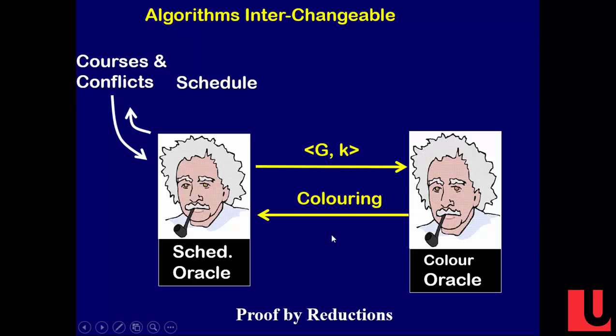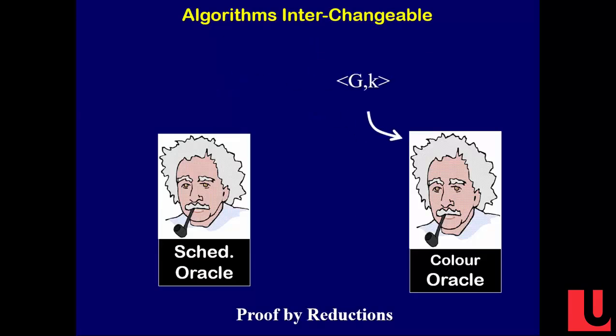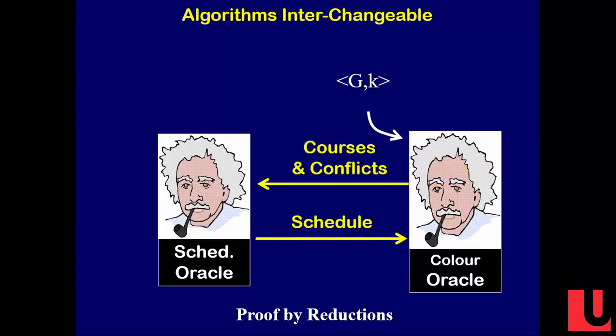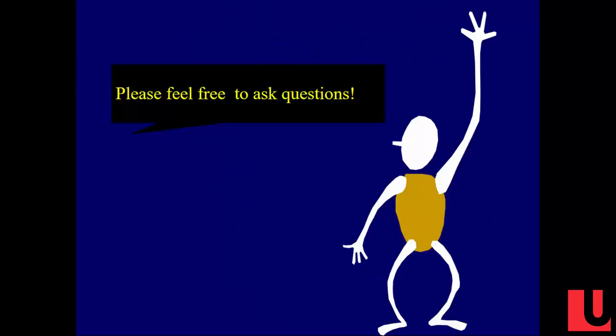And then you get a schedule. Everybody got that? An algorithm for one gives you an algorithm for the other, and that gives you the reduction. And these are equivalent because you can do the reduction in the other direction. Given a graph and K, the number of colors, you can turn it into a bunch of courses, and they would tell you how to schedule the courses, which tells you how to color. Everybody follow that? Same. All right. But there's likely not an algorithm for either.